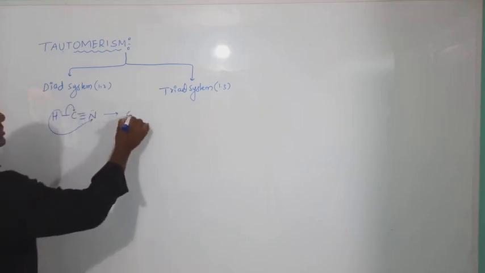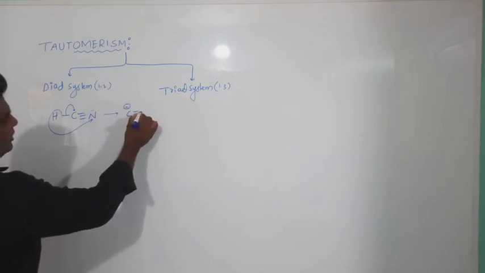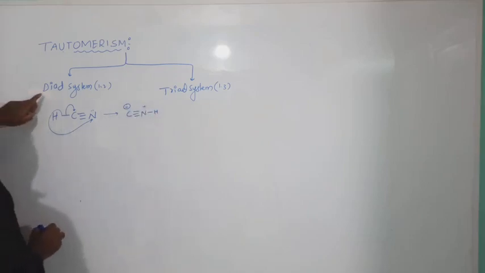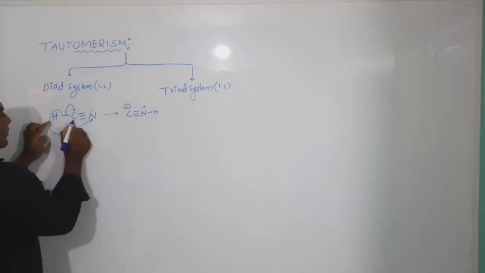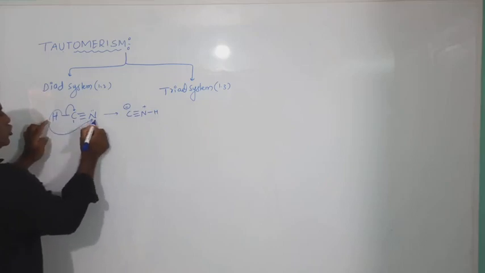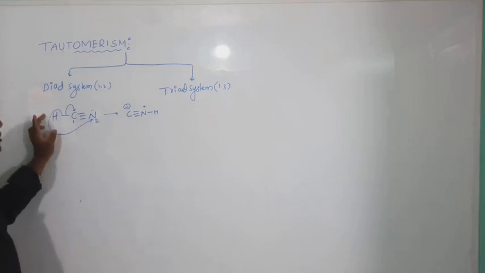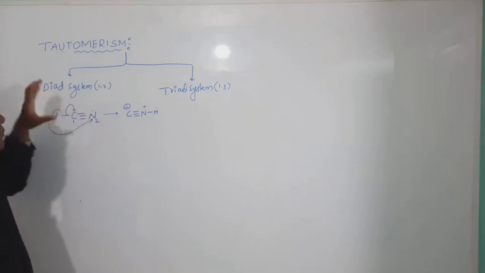Now you are getting C negative and a triple bond, and here this is H, and here the positive charge. So see, why do we call this a diad system? This hydrogen is shifting from position 1 to C2. It means the change of position of hydrogen from 1 to 2. That's why this is called a diad system.